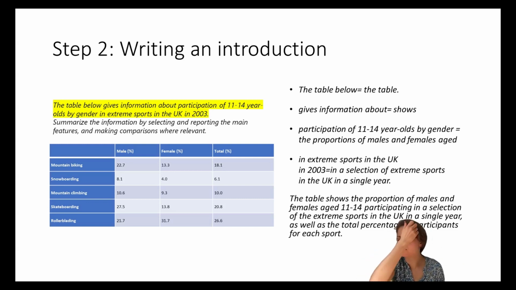The reason for my doing so is because I want my introduction to reflect the content of the third column, right? And the third column gives us the total figures. So my introduction turned out to be quite lengthy, but I think it's okay.